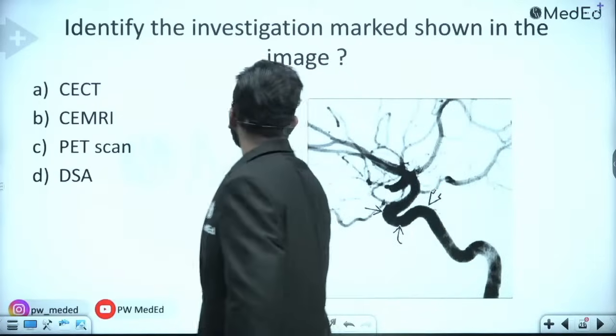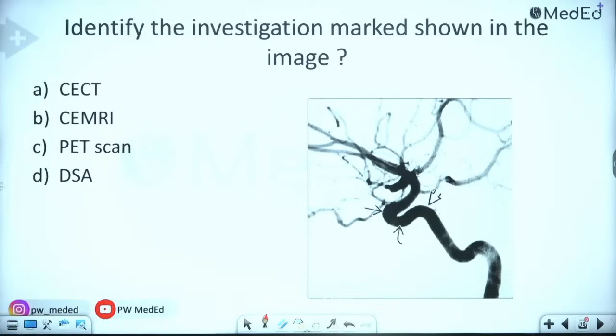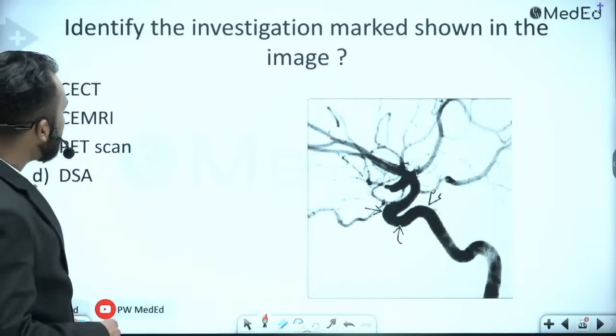Identify the investigation marked shown in the image. Is this a CCT image?